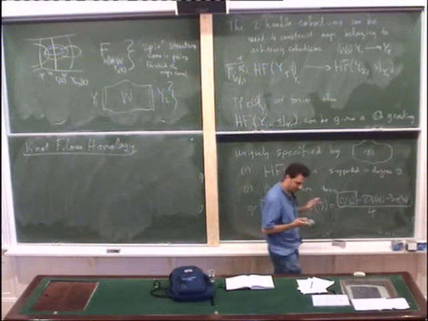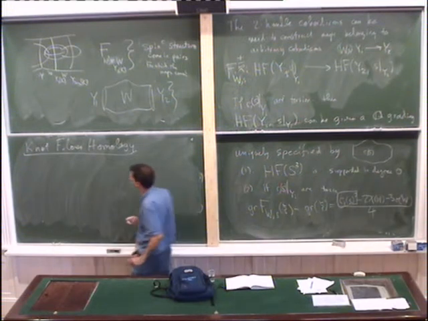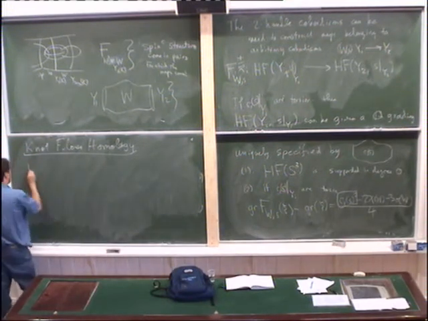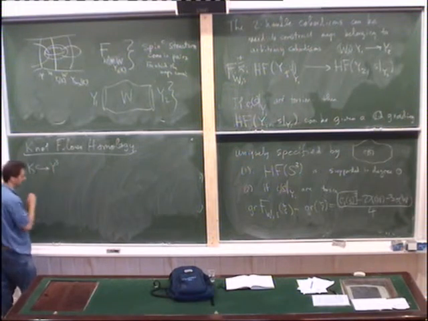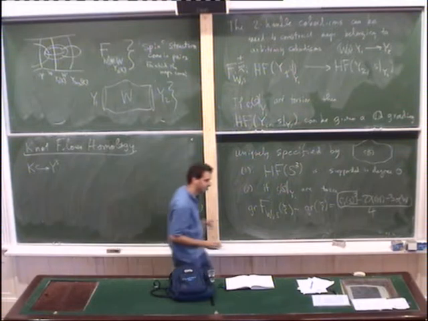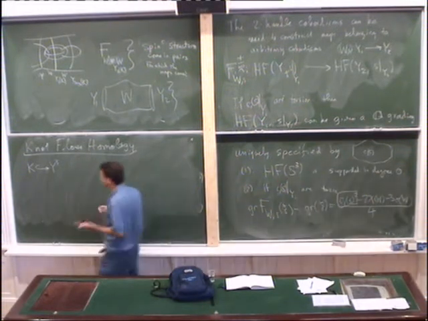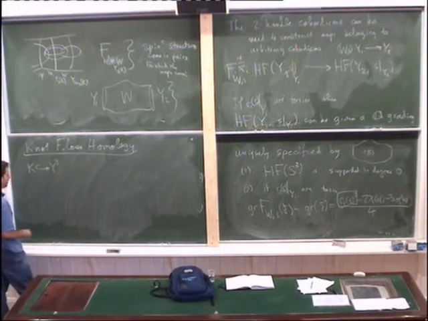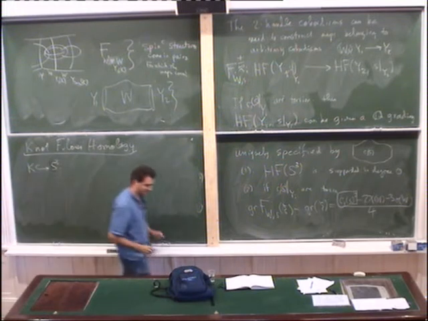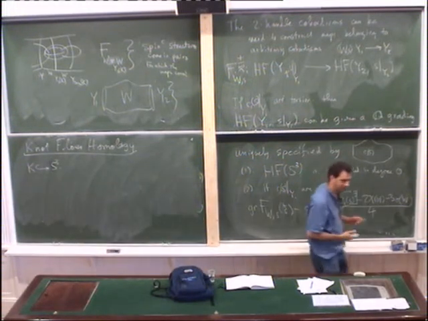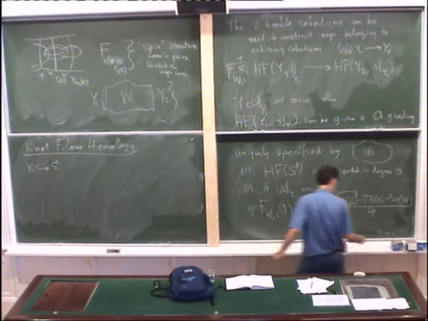But knot Floer homology is something which seems to be quite new; it wasn't predicted by gauge theory, so to speak. Knot Floer homology is a theory which is associated to a knot in a three-manifold. It's useful to think of K as a null homologous knot, and in fact, for the purposes of today's discussion, let's have that three-manifold be S3. We're going to be forced to talk about S1 cross S2 soon, but let's just let it be S3 for the moment.